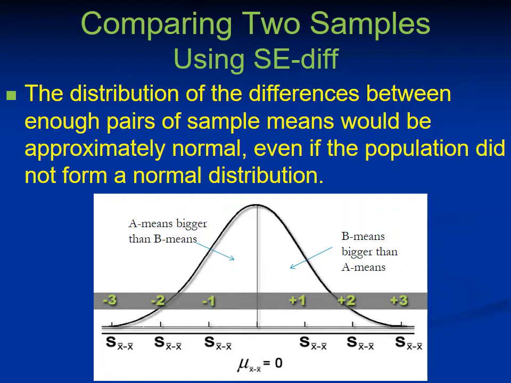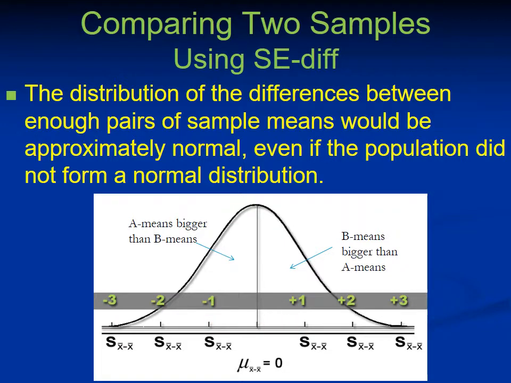And the fact that this is a normal distribution is, of course, lucky for us, right? Because that means that all those same proportional calculations can be assumed. In other words, if 68% of the differences between sample means, right, 68% of those differences are going to lie somewhere between -1 and +1 standard error of the difference, right?